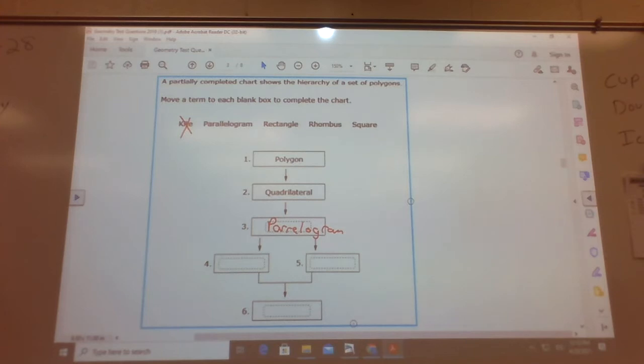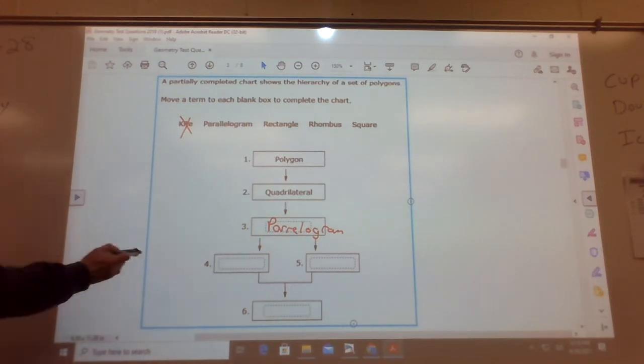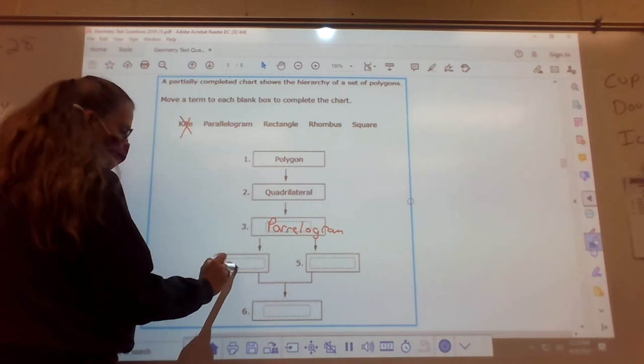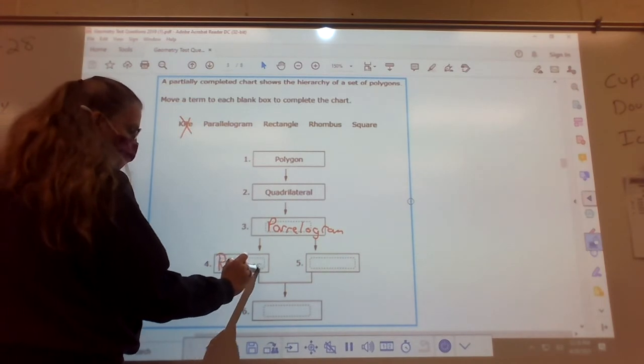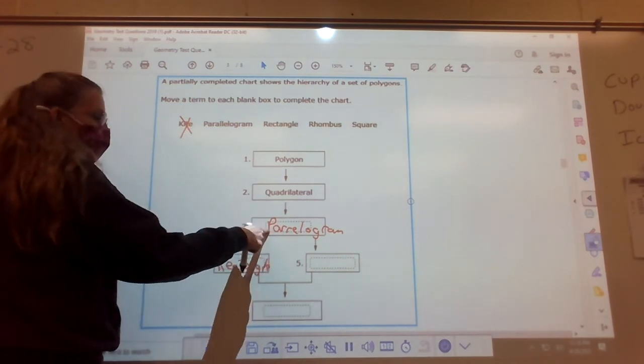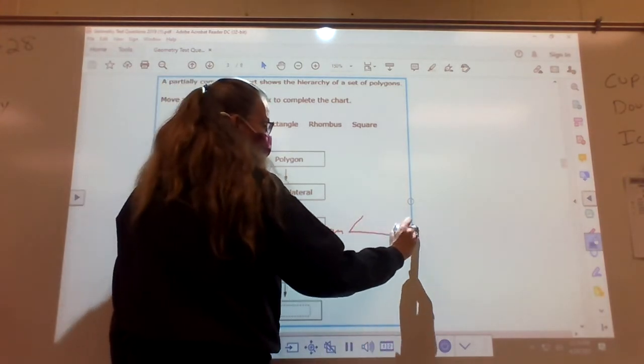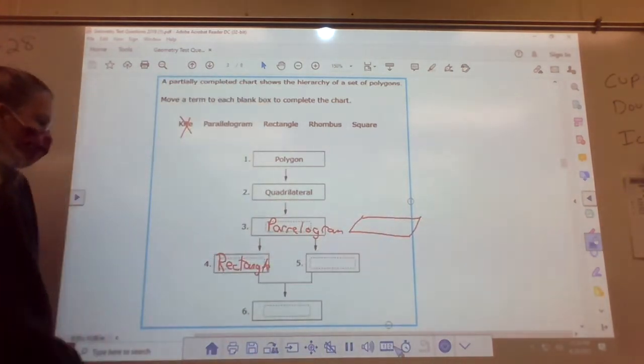But what's going to go in the two blank spots? What are my next two words? I'm good with rectangle. Remember, parallelogram, that's the shape you think of when you think of parallelogram.